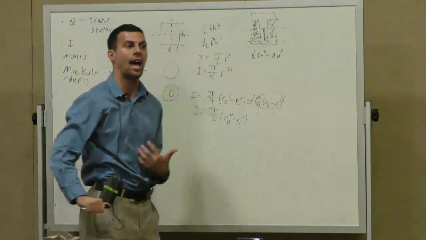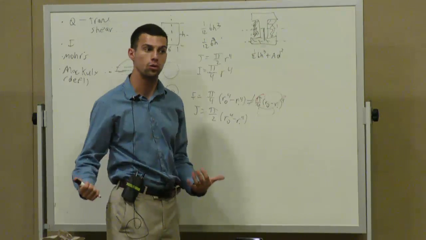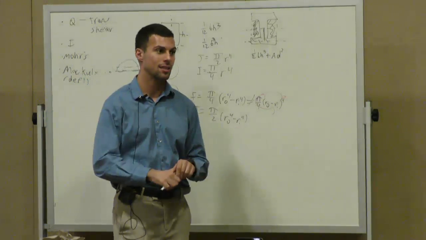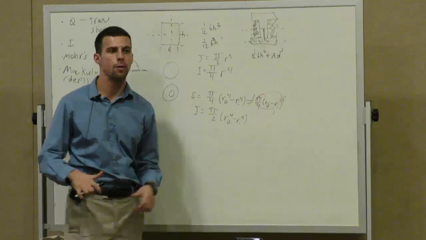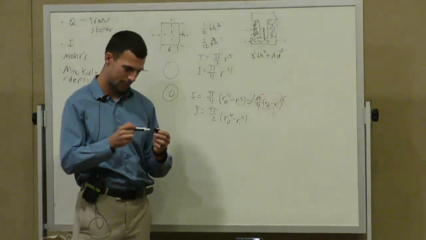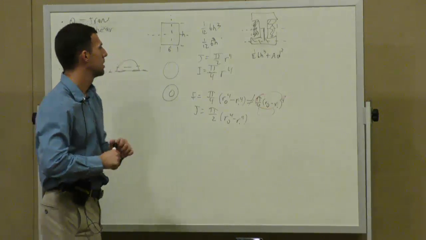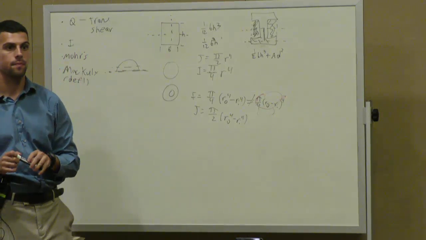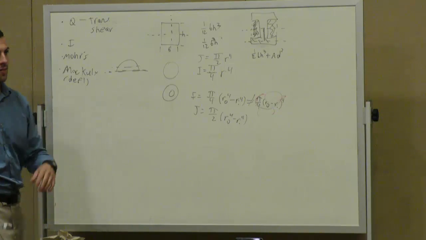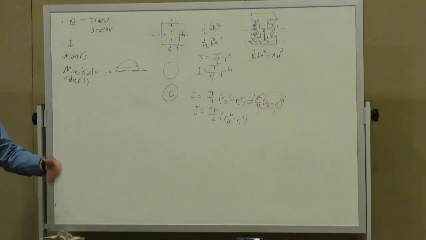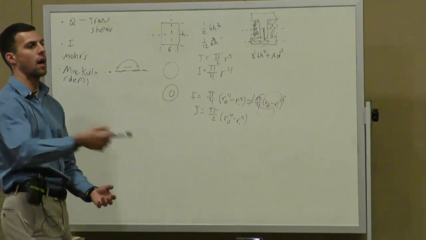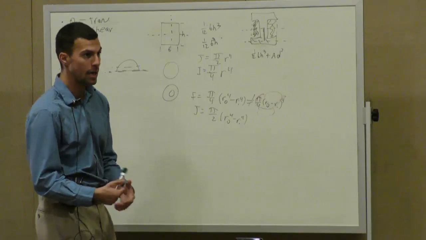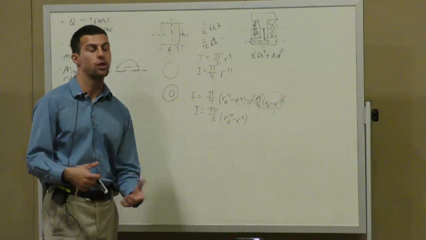Because their neutral axis is in line with the overall neutral axis, you don't have to do parallel axis theorem. Does that make sense? My feeling is avoid parallel axis theorem as much as you can. Correct. If the neutral axis of the individual shapes that make up the composite lie along the overall neutral axis, you do not have to use parallel axis theorem. If they don't, you have to use parallel axis theorem.